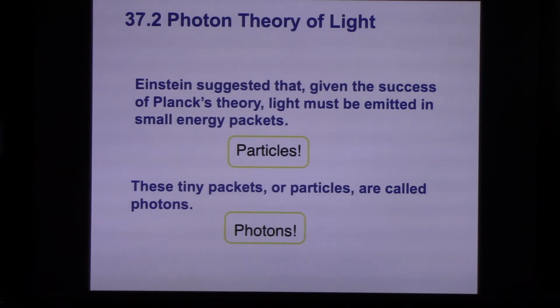Now, Einstein came along and said, what you're talking about are particles of light. The idea that light consisted of particles wasn't new. This went all the way back to Newton, who had suggested that light was made out of particles.